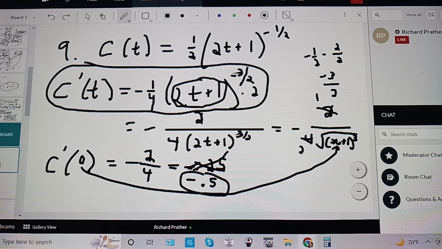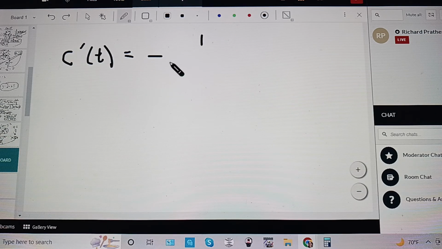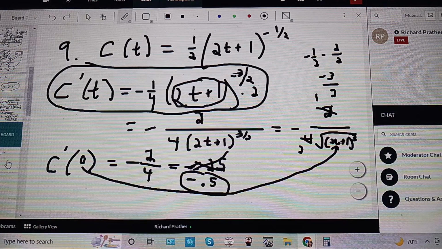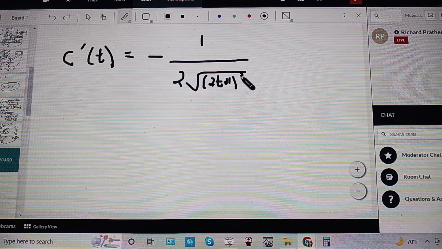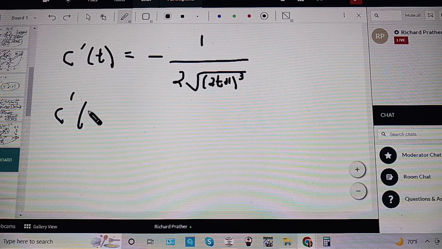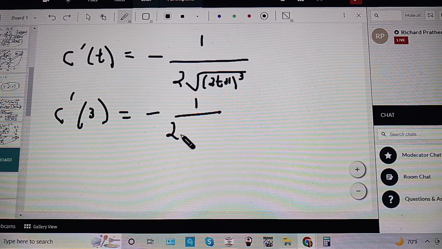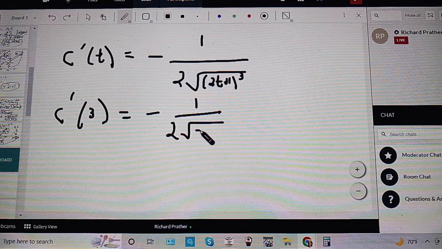So negative 1/2, not over 4, square root of 2t plus 1 cubed. And this time we're plugging in 3 instead of 0. Okay, so 2 times 3 is 6. 6 plus 1 is 7 to the third power.